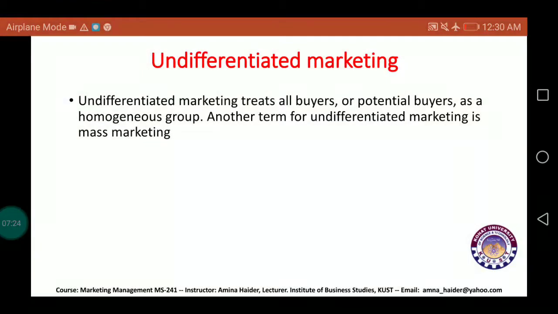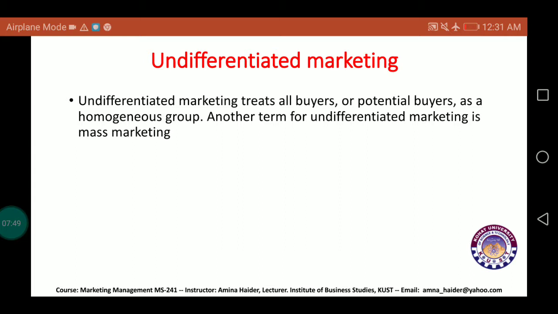Here, the company views the market as one big market with no individual segments. The company uses one marketing mix for the entire market. The company assumes that individual customers have similar needs that can be met with a common marketing mix.